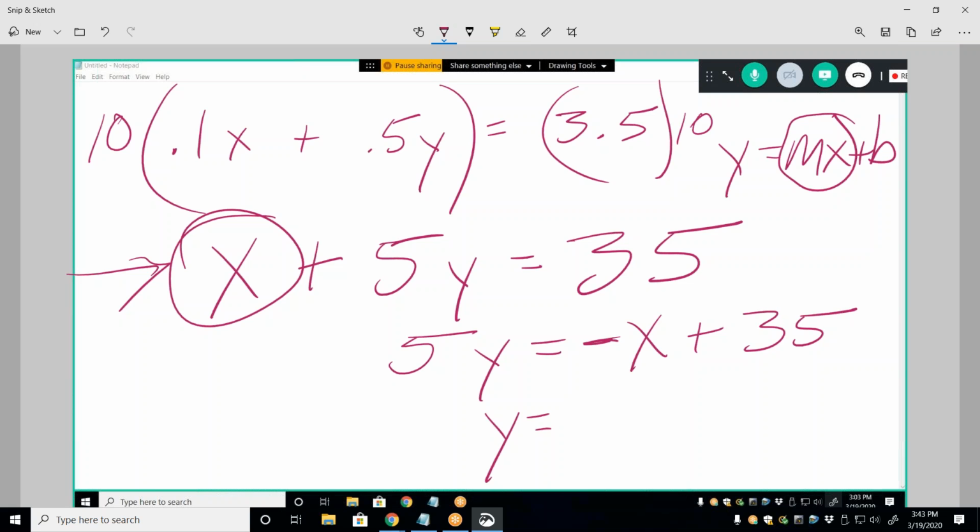Negative 5x. Okay, you're dividing by 5. In other words, I'm going to divide that by 5. So now tell me what that is. Put the fraction out in front of the x so that we know exactly what m is.